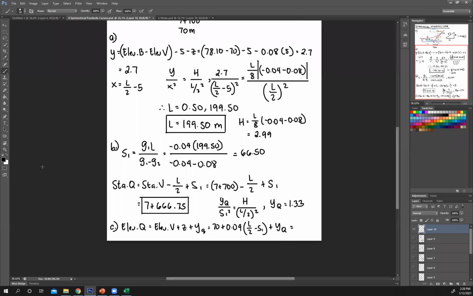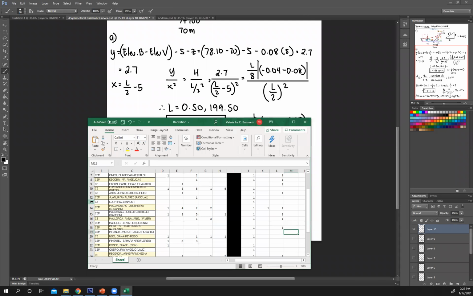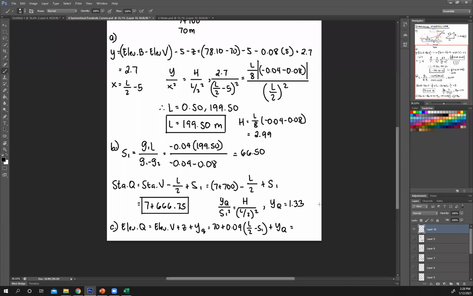Okay, correct: Franz, Camille, and John. I'm going to give it to Franz since he doesn't have a point yet. It's 72.66 meters.